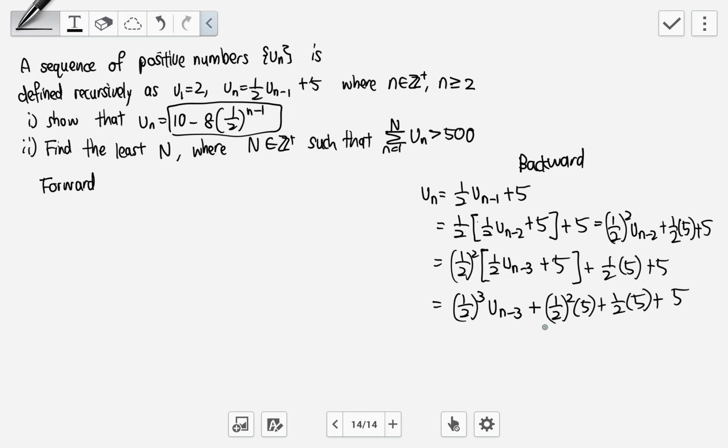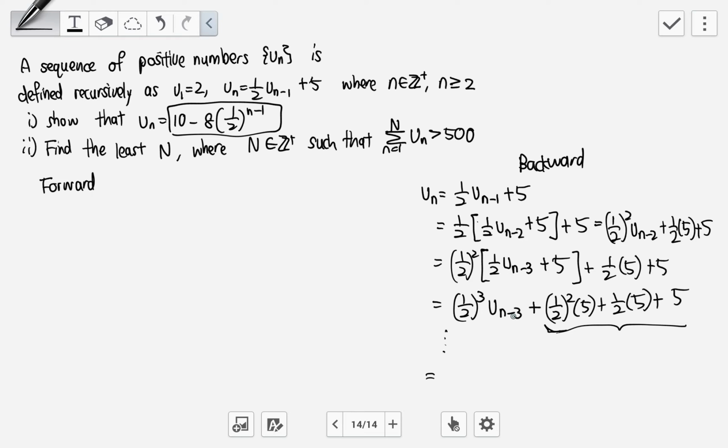Again, you see the geometric progression developing here. If I go on, which term should I stop at? I should stop when I hit the term that is defined, the u1. Once I reach this, my expression would be simplified.